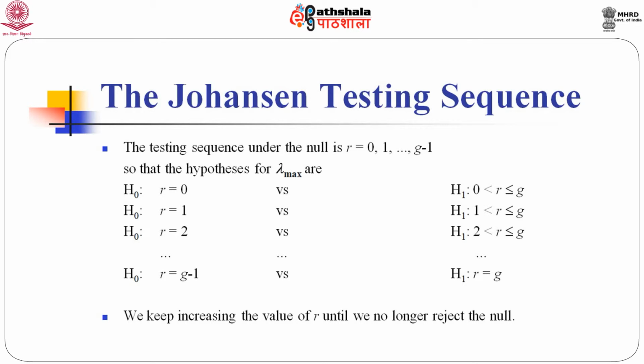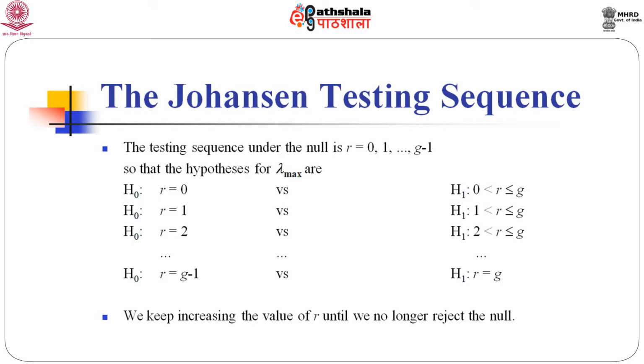So, first what we do, we test whether the rank is 0 versus rank 1 versus rank 2, like that, and finally we test whether the rank of the matrix is r equal to g or not.